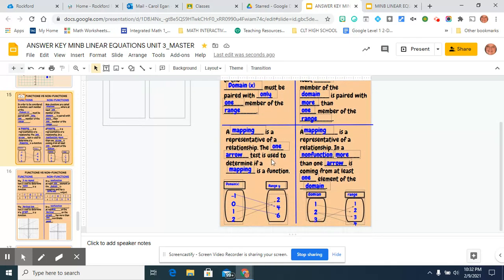If we're given a representative of the relationship, there are different tests that we're going to use to determine if it is a function. If we're dealing with a mapping, we're going to use the one arrow test. We're going to look at each member of the domain, and as long as they only have one arrow coming from them, it is a function.